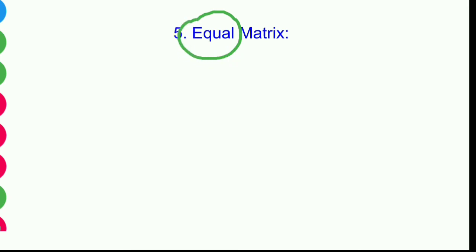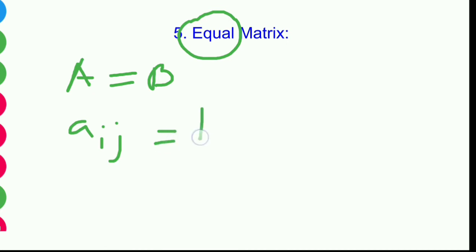Equal matrix. Two matrices A and B are said to be equal when all the ij elements of A are equal to the elements of B having the same i and j.